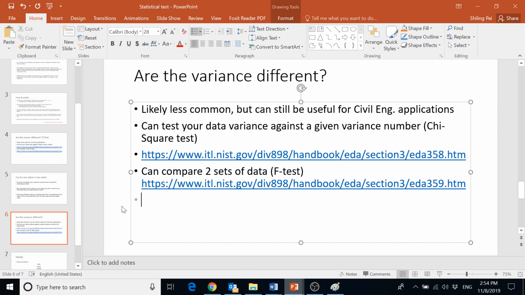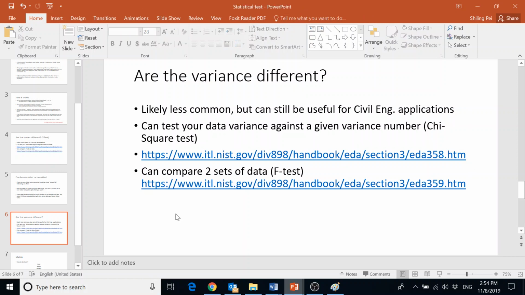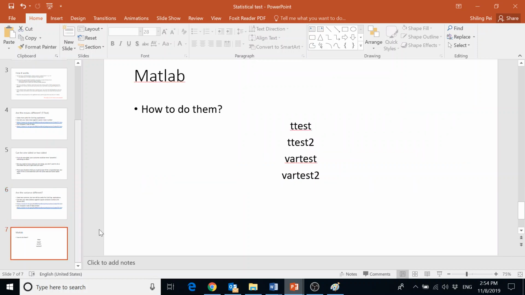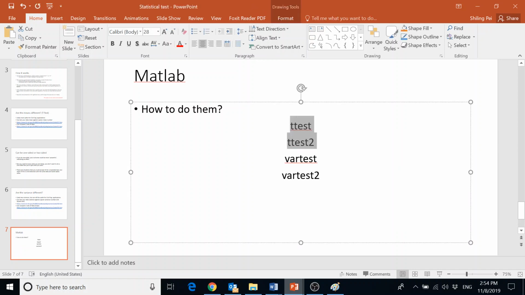Okay, so typically here is where I'd do a Matlab demonstration, but I'm not going to do that. I'm going to just lead you into it. Those are the four functions you can use to do those tests. And I'm going to assign a homework, which will come in an email soon. This is a recorded message, so not today but soon.